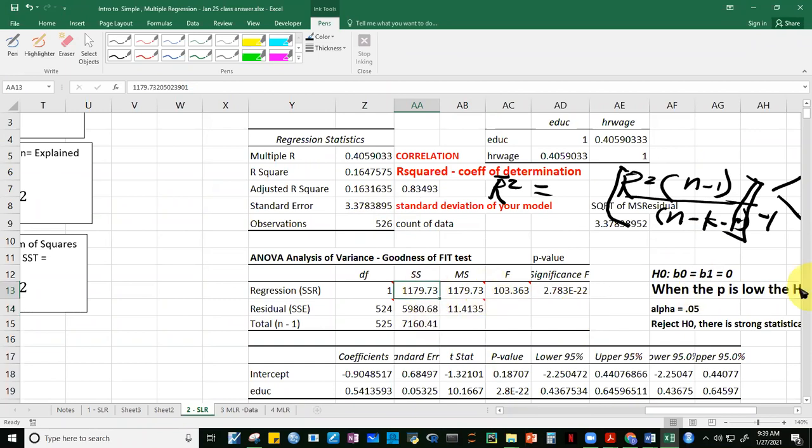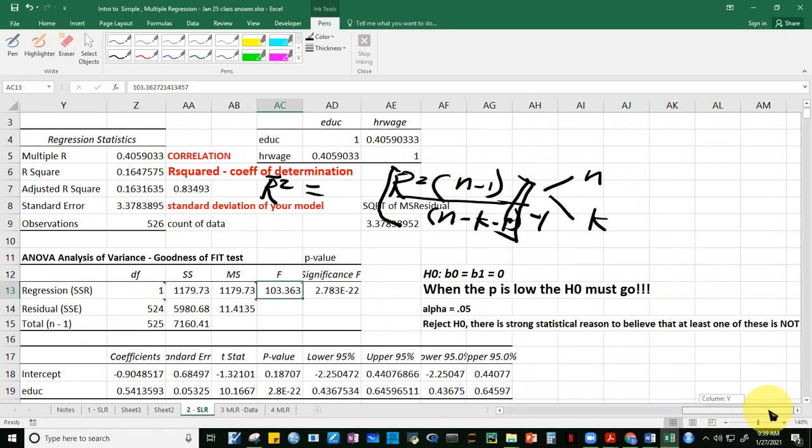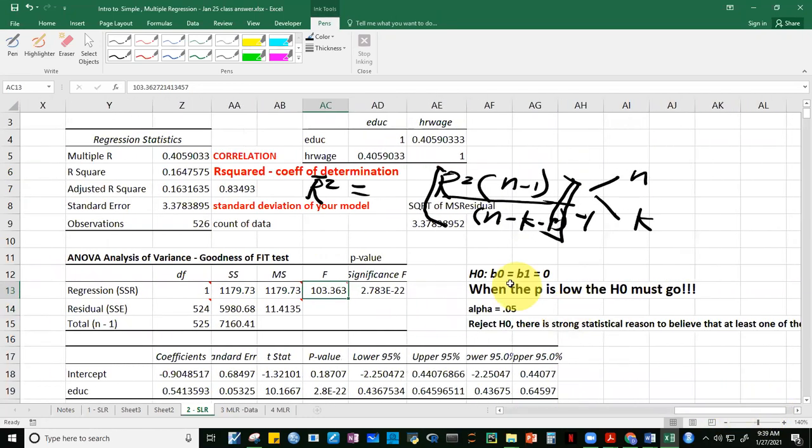Okay? And last, by the way guys, sa Excel, itong last ano natin dito, yung significance F. So yung F statistics natin, ito yung ginagamit natin para malaman natin kung significant yung overall goodness of fit natin. Ito yung null hypothesis nun. Okay?